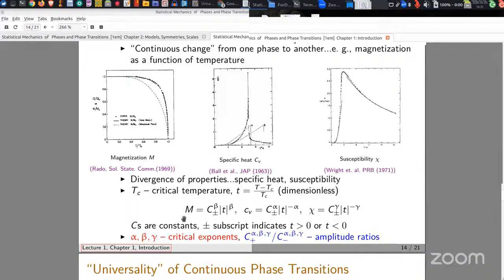M has a critical behavior with exponent beta, specific heat diverges in this fashion, susceptibility diverges in this fashion.